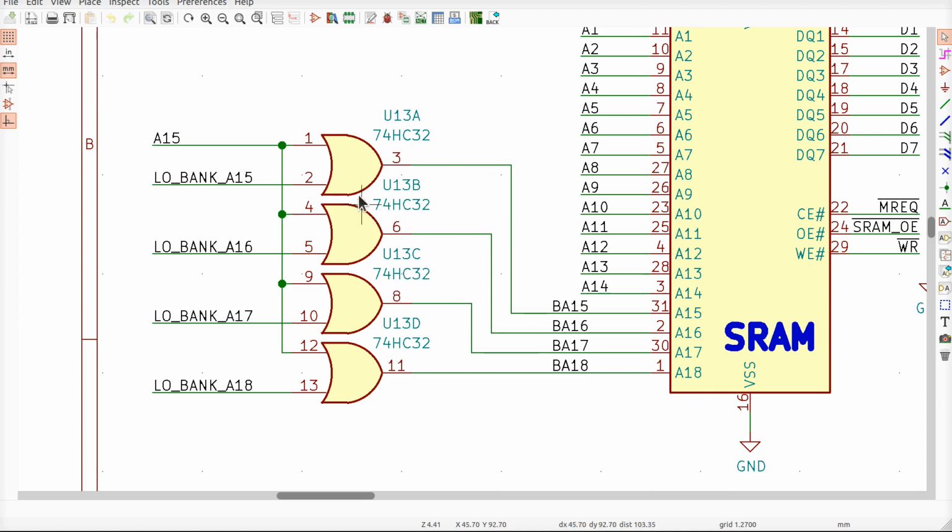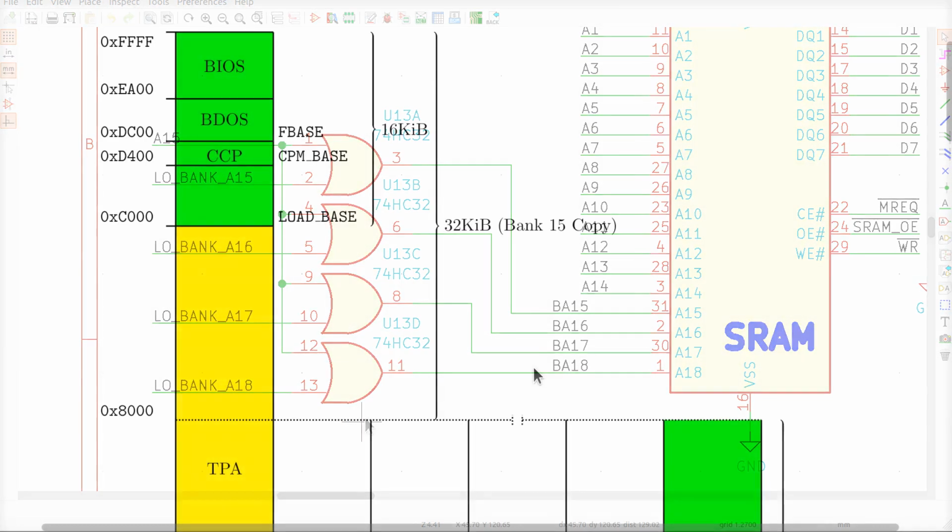That would pin the bottom half of the RAM to bank 0 all the time, and whenever the Z80 accessed the top half of the memory, A15 would be a 1, and if these are AND gates, 1 ANDed with X equals X, so the bank would then be whatever you specify. So the same exact design in every way, shape, or form, just switch out this one chip if you want to bank select the top half of the memory instead of the bottom.